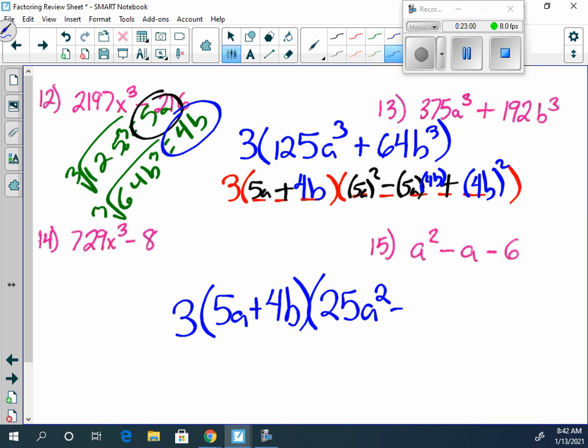Minus, well, 5a times 4b. 5 times 4 would be 20ab, plus 16b squared, because 4 squared will give us 16, and b squared is just b squared. And this is it here.